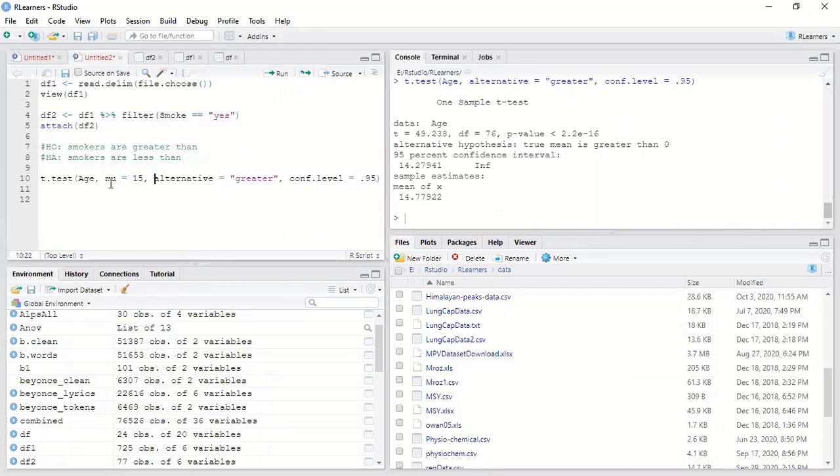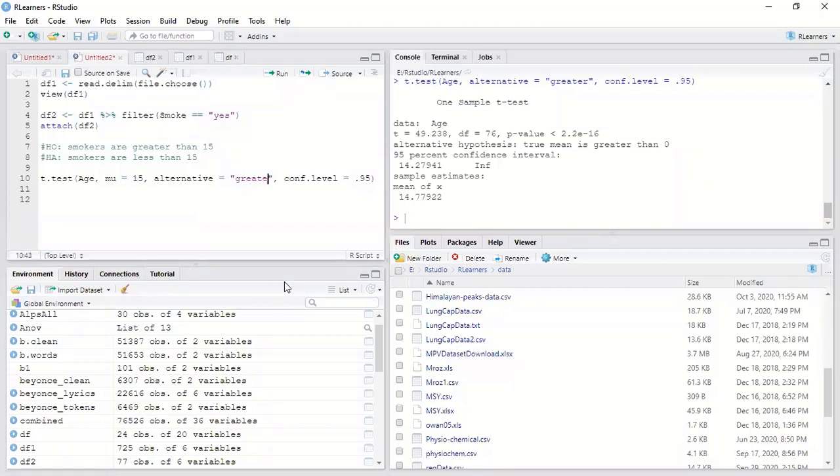Mu is mean. So smokers are greater than the mean of 15. On average, we want to say that if you take a group of smokers, the average age of a smoker is 15 or more.